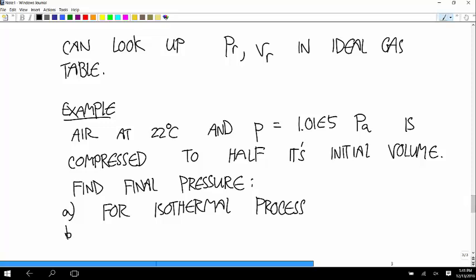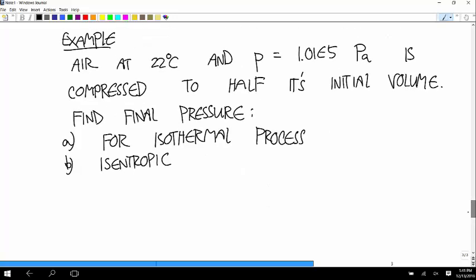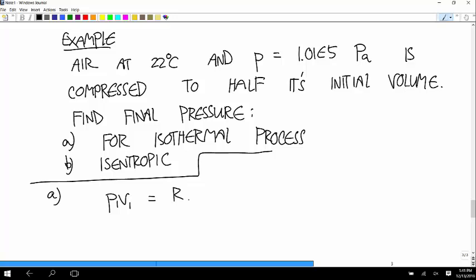The second one is isentropic. Okay, so for part A, for this one, we're just saying P1 V1 is equal to R T. Temperature is the same at state 1 and state 2, and this is equal to P2 V2.